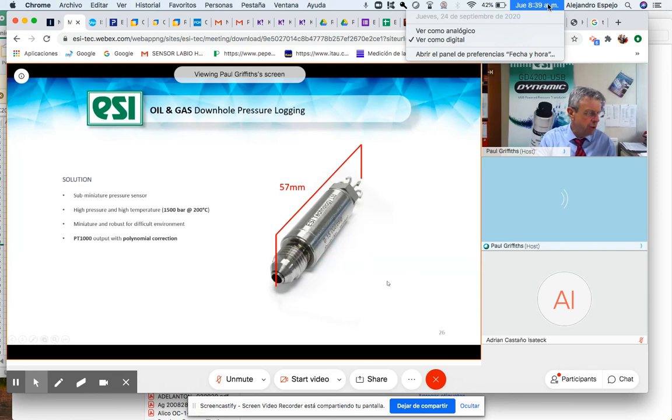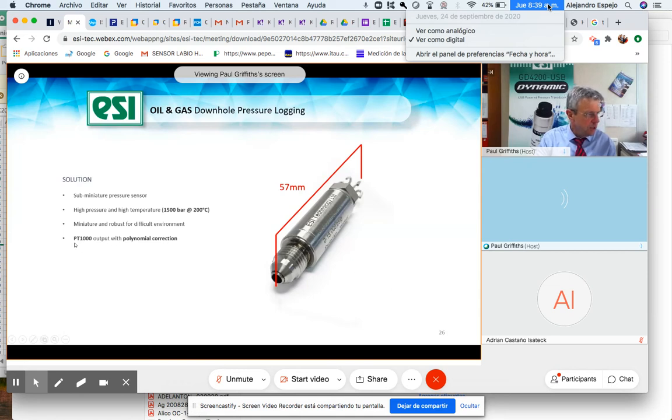We've had this product for more than 2 years now. We have a lot of big companies testing the sensor, and so far it's going well. They like the product, but we're still waiting for the big order.